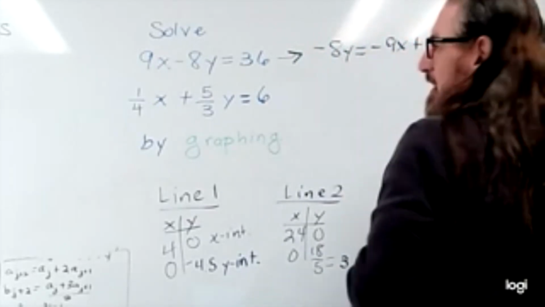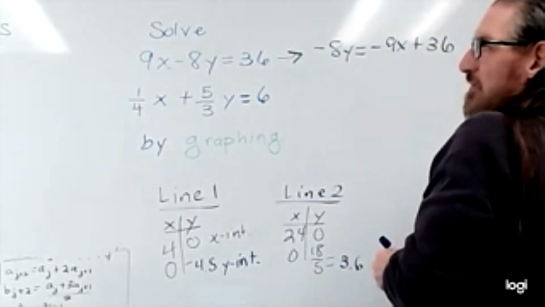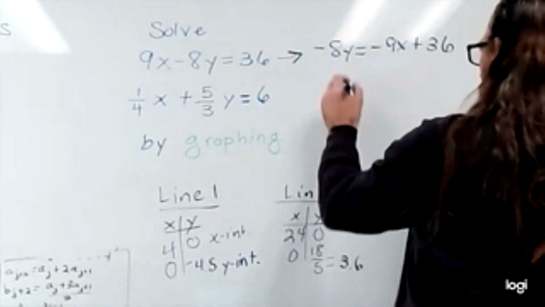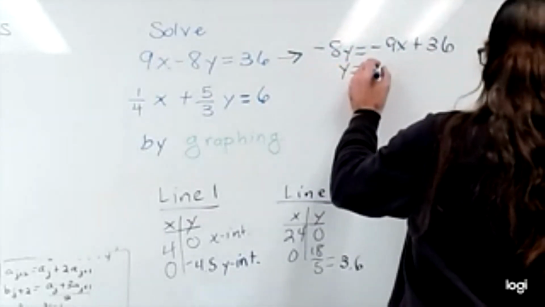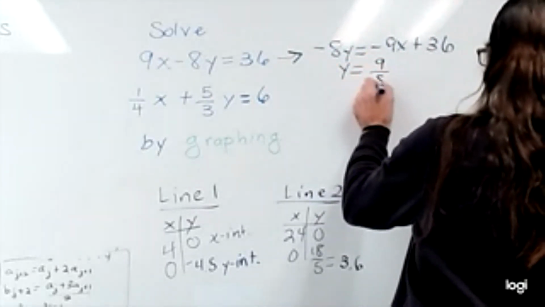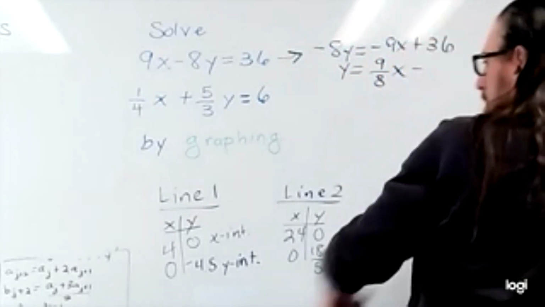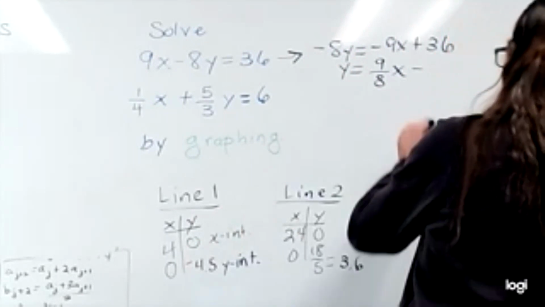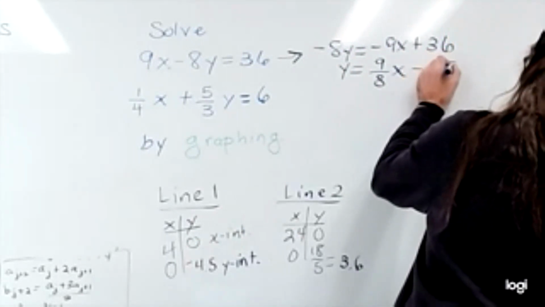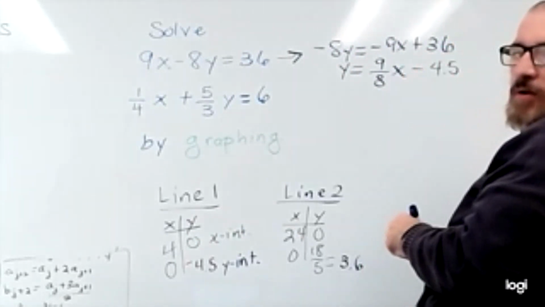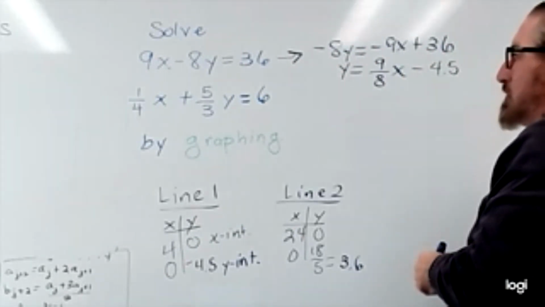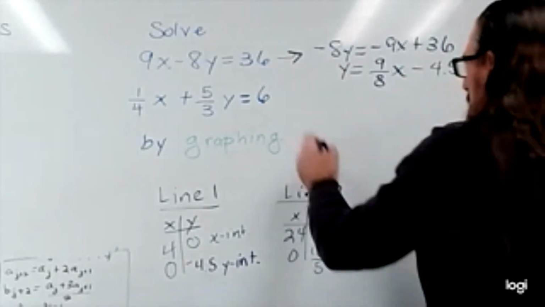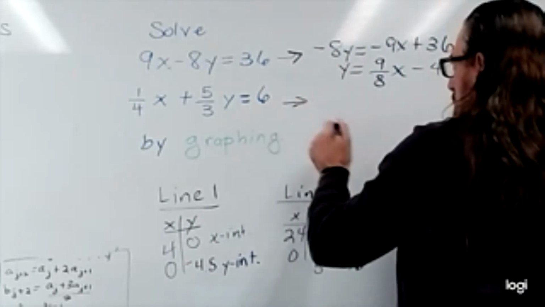And then divide everything on both sides by negative 8. You're going to see that Y-intercept of negative 4.5 as the Y coordinate of the Y-intercept showing up again. This one, not as nice.